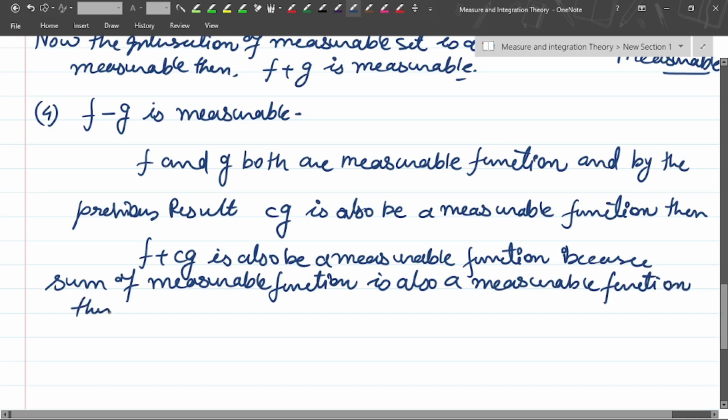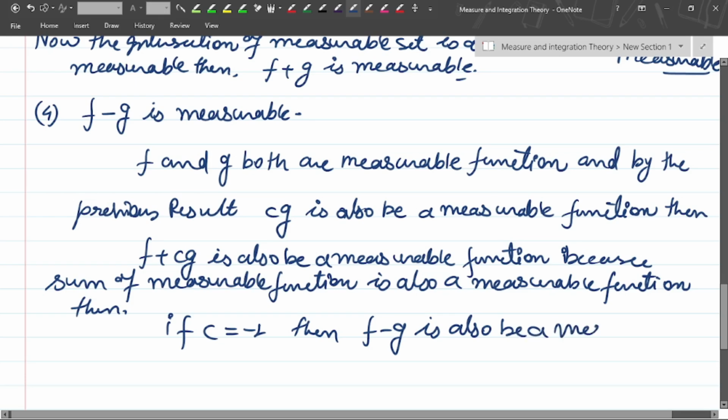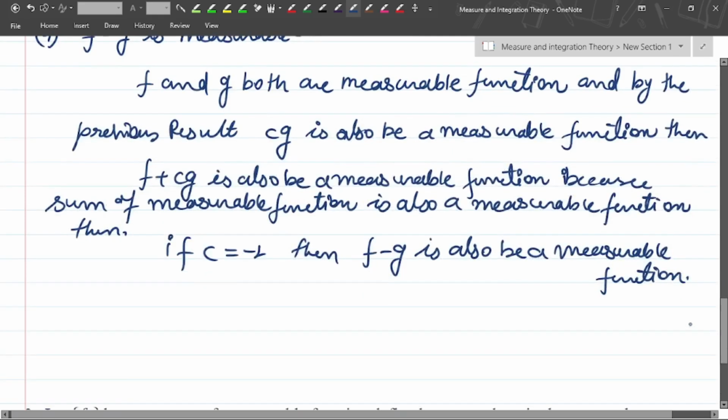Then if c is equal to -1, then f minus g is also a measurable function. Okay, that's what we have.